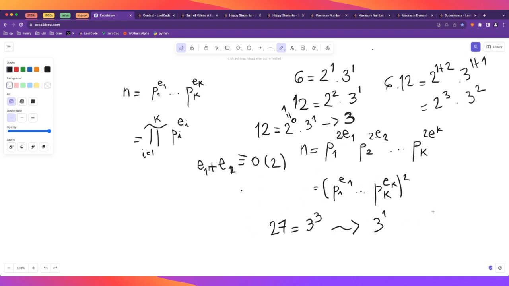So that means that 12 times 27 must be a square.